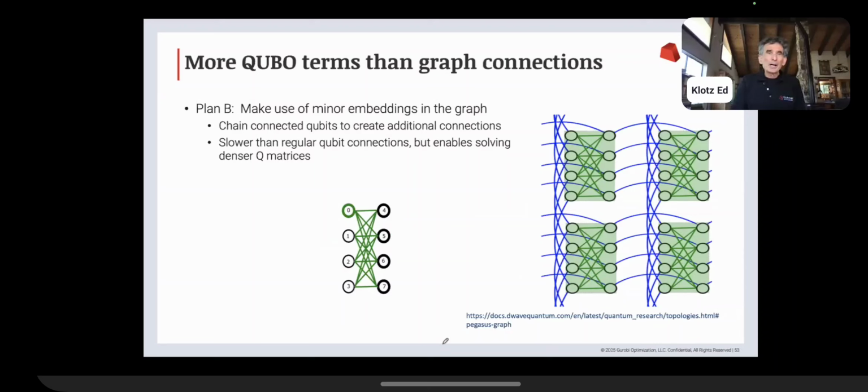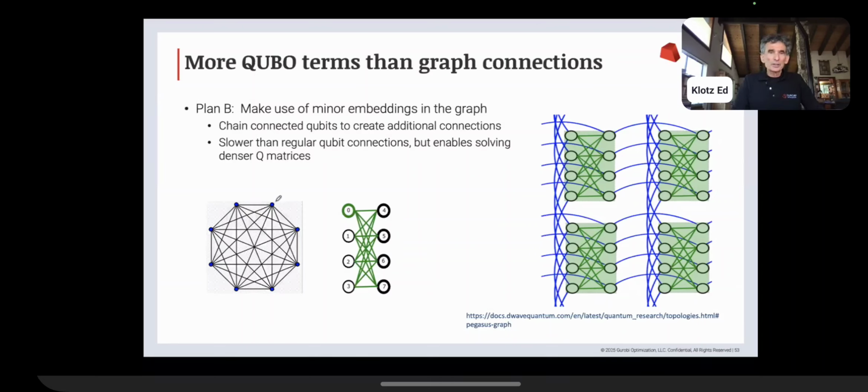Now let's talk about what happens if we actually need to use these minor embeddings. So let's take a look at a specific example. I'll illustrate with the Chimera graph because it's simpler. So we have this unit cell here, which is this 4x4 complete bipartite graph.